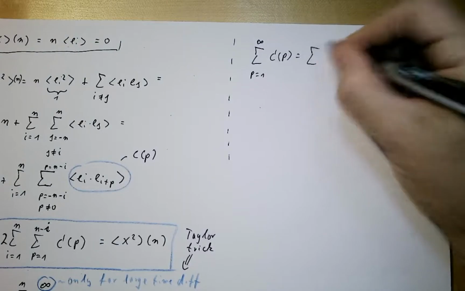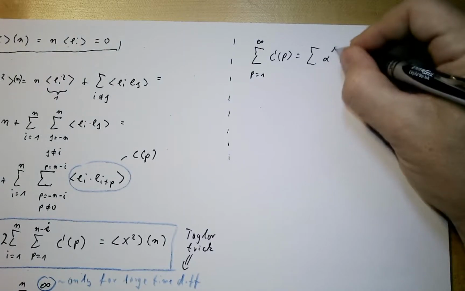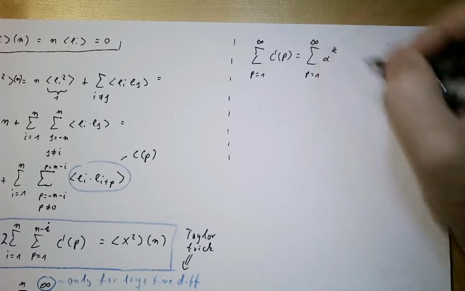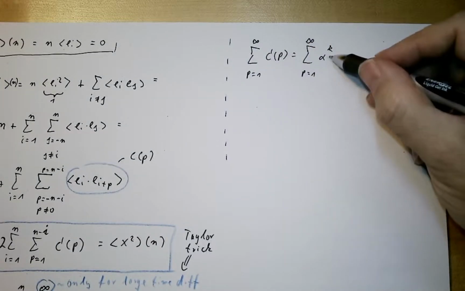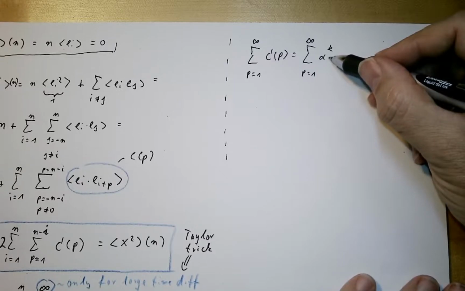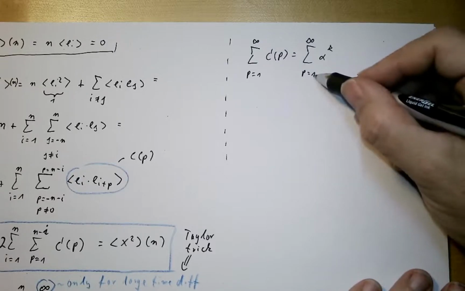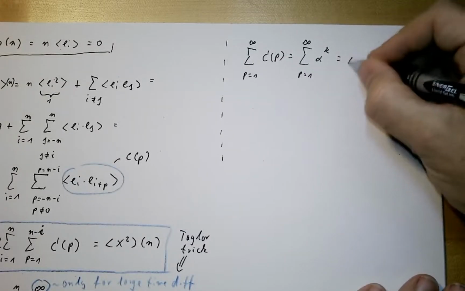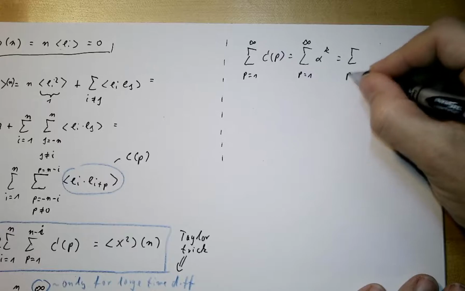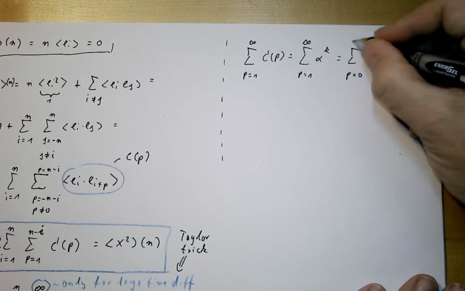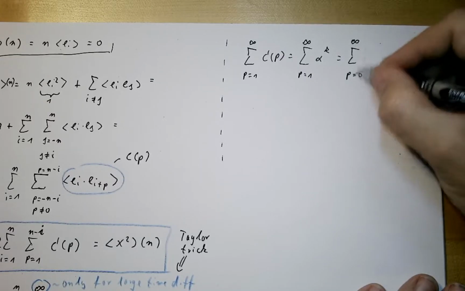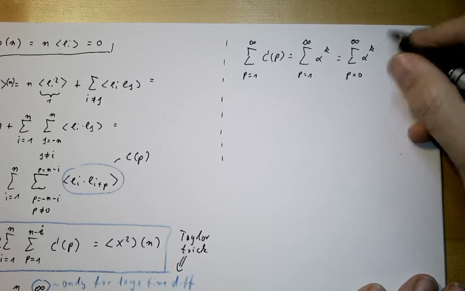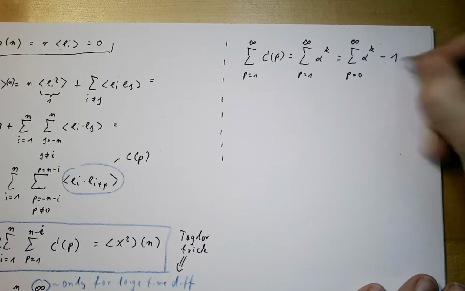So that's the sum of alpha to the power p from p equal 1 to infinity. So that's nearly a geometric series, but in a geometric series we would start from 0. But that's no problem, so we can rewrite this as the sum where we start from 0, it's again one of the standard tricks, of alpha to the p, and then we need to subtract 1 again.